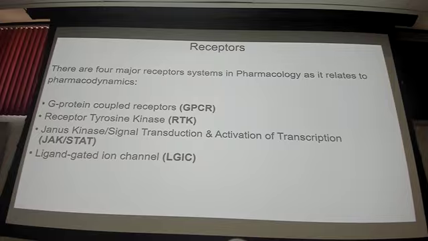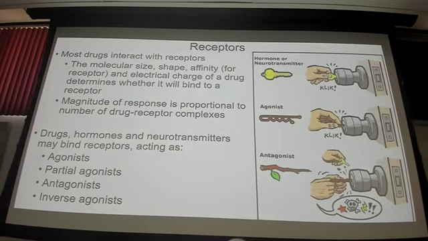So, in pharmacodynamics, drugs primarily act on receptors. We've talked about the GPCR receptor, and now we're going to talk about a couple of others: receptor tyrosine kinase, Janus kinase signal transduction and activation of transcription, JAK-STAT receptors, and ligand-gated ion channels. So, when we look at receptors, we know that hormones and neurotransmitters are the endogenous ligands that act on receptors.